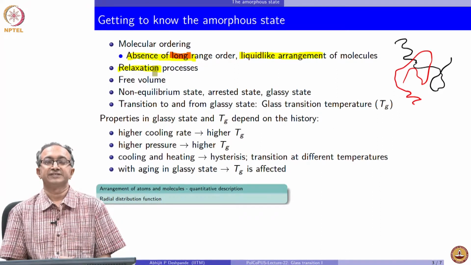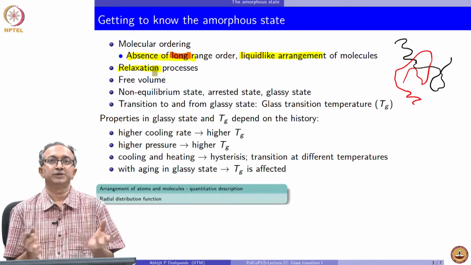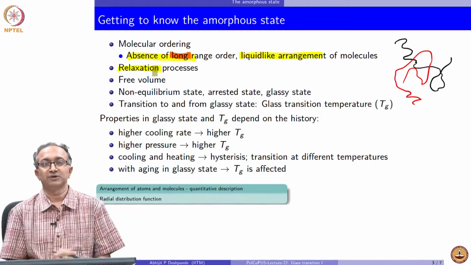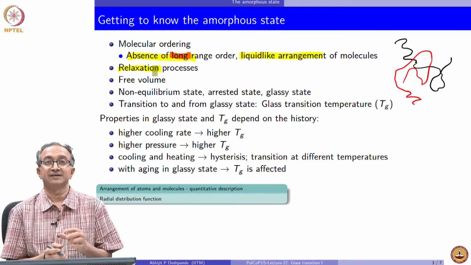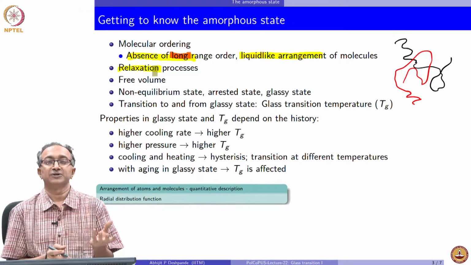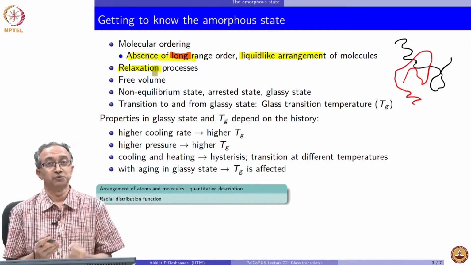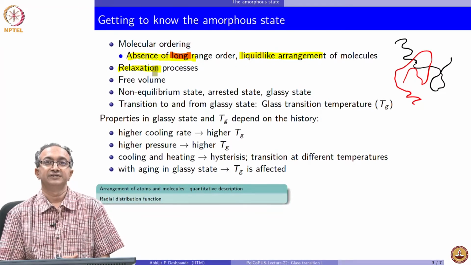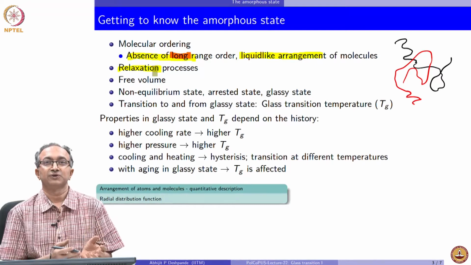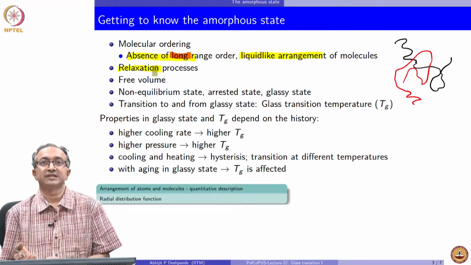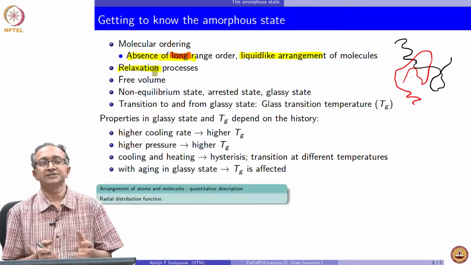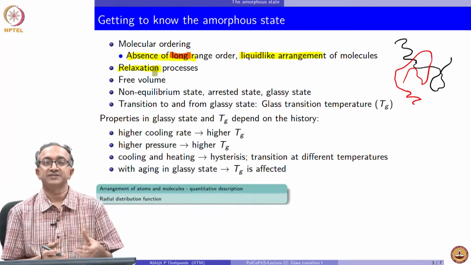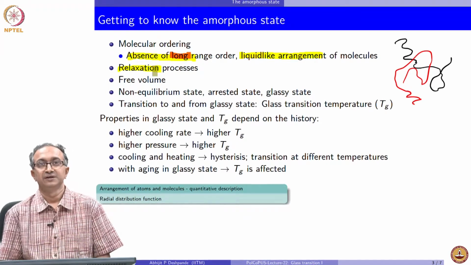Vibration around mean position is of course possible in crystalline solid also, but if there are defects, then atoms can hop across, and defects can also move. But the rates are exceedingly different in case of an amorphous solid in the glassy state as opposed to a crystalline solid. The relaxation processes are faster in case of amorphous solid.